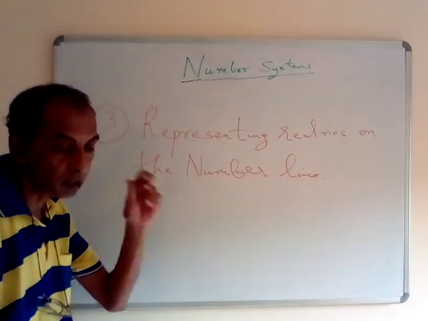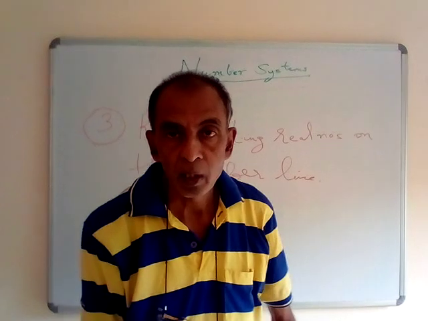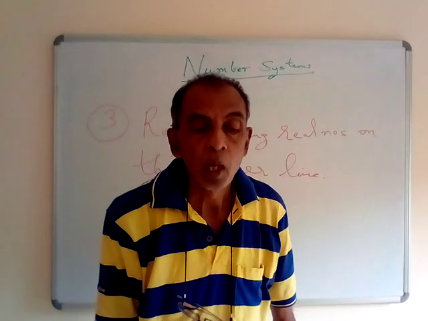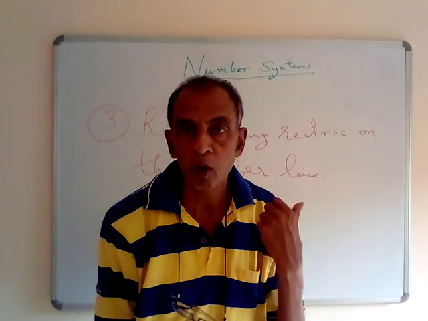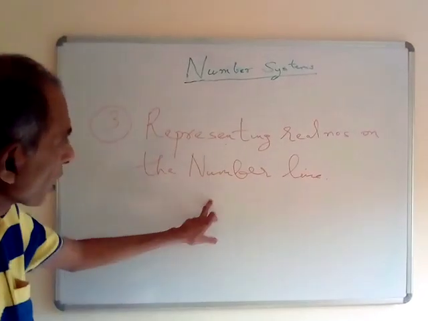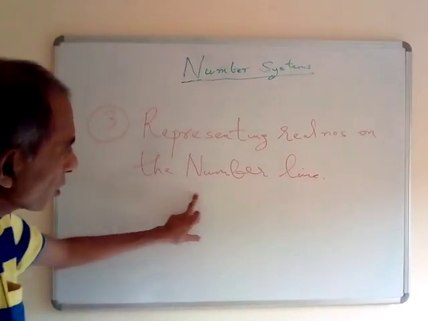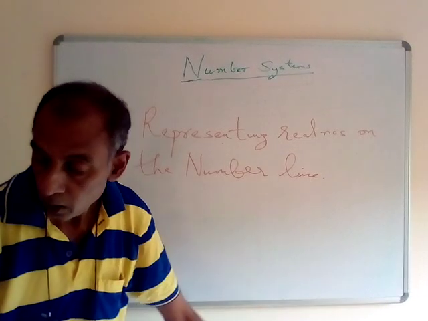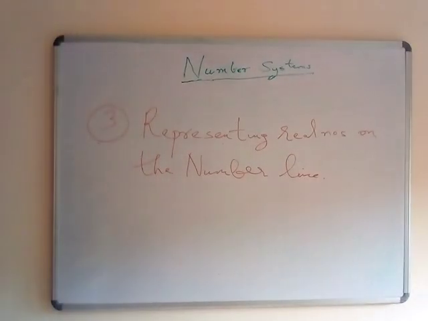I have already shown this representation, one example in my other video. Later on I will solve more of these. We will do some more examples pertaining to representing the different numbers on the number line.